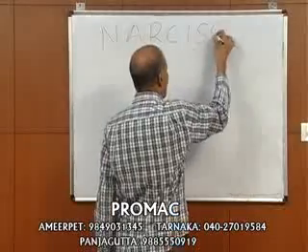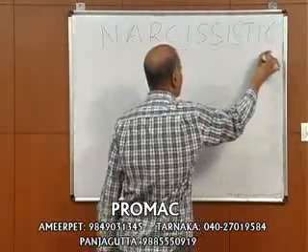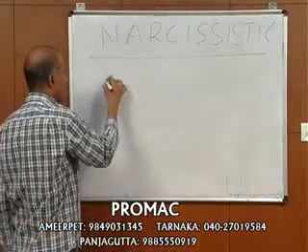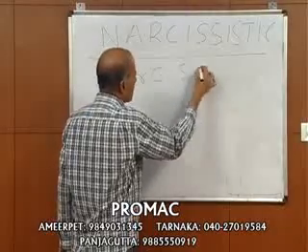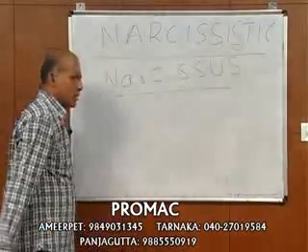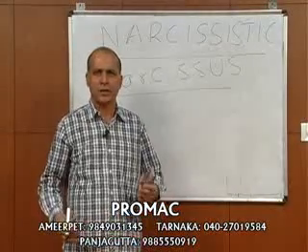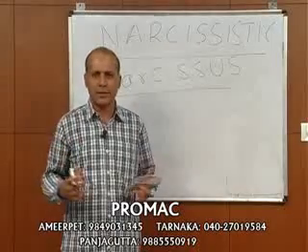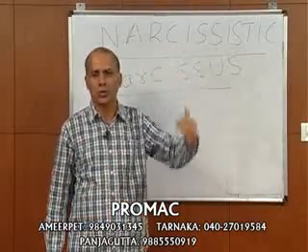What is narcissistic? When we say a person is narcissistic, this word comes from a mythological person called Narcissus. This Narcissus was a very handsome, a very good looking man. He was also deeply in love with his own beauty.